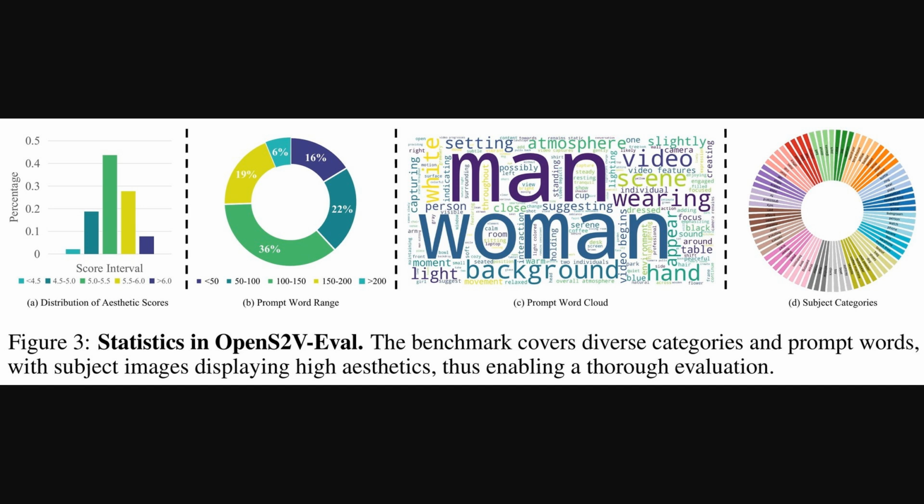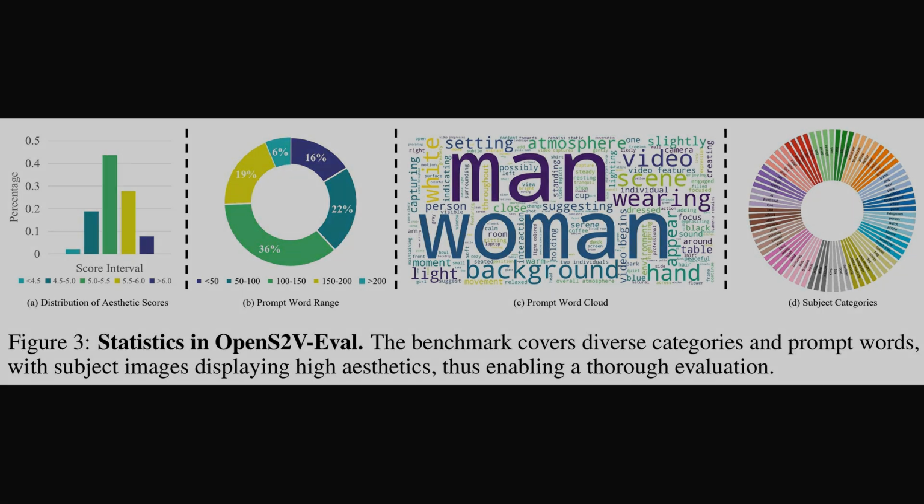Most prompts seem to fall between 50 and 150 words, which suggests they provide a good level of descriptive detail for the generation tasks. Part C, the prompt word cloud, highlights common terms like man, woman, video, and background, giving us a feel for the typical scenes described. And finally, Part D provides a detailed visual breakdown of the numerous subject categories included, further emphasizing the rich diversity we touched on earlier, covering a wide array of objects, people, and animals.